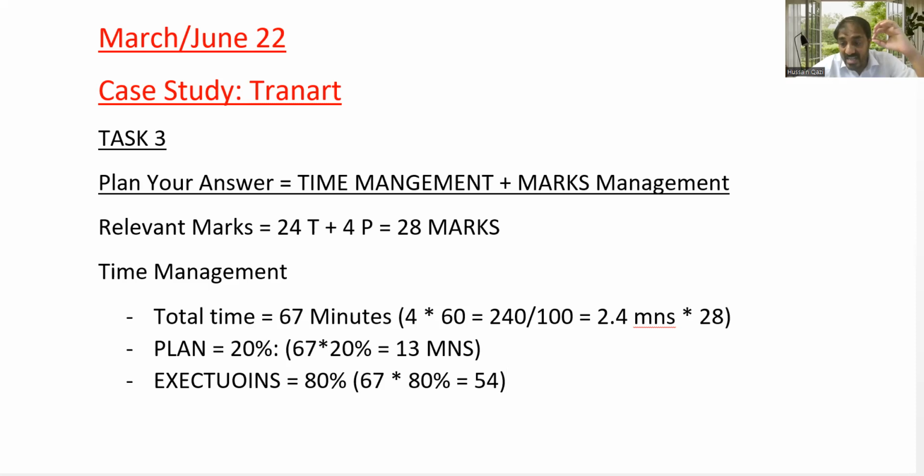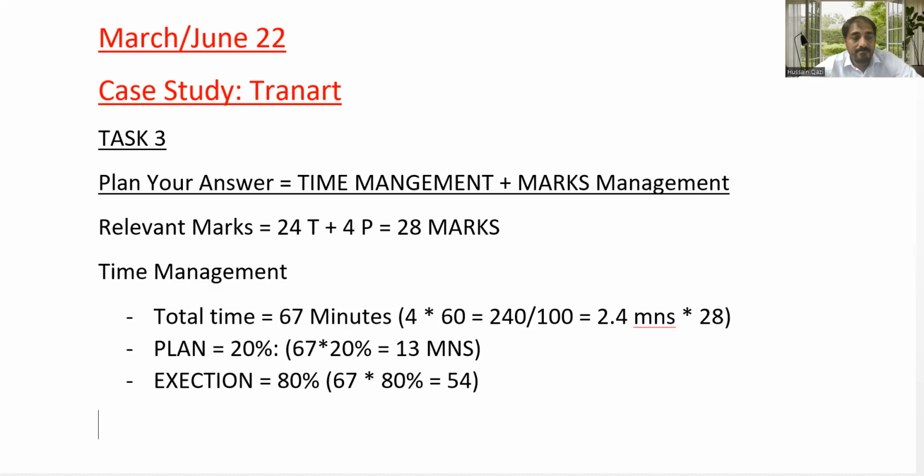Do remember that for financial questions in the SBL, you can save your time by proper planning and then execution. If you properly plan for 10 to 12 minutes, you can execute this question within 40 minutes. Or you can save 10 to 12 minutes here and invest them somewhere else in the paper where you are struggling more.